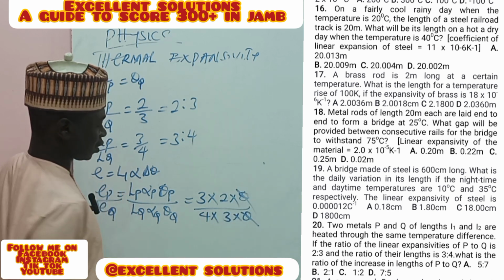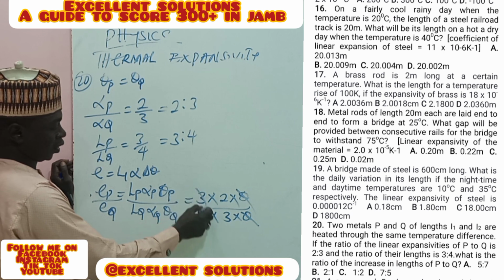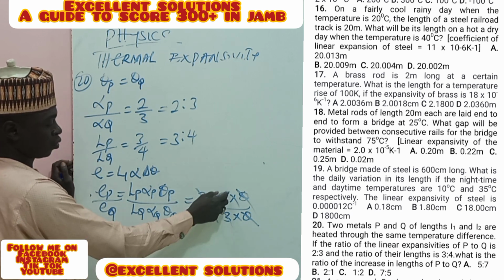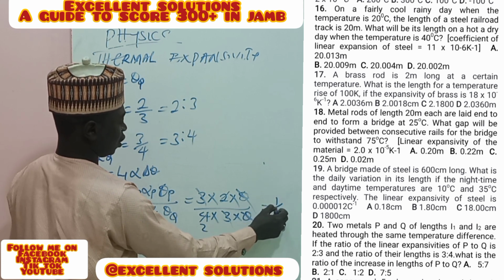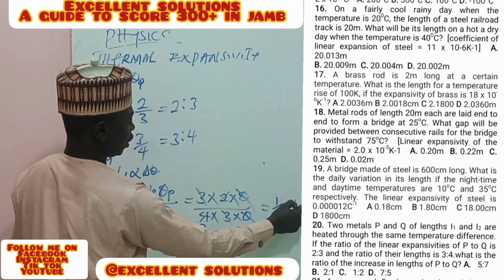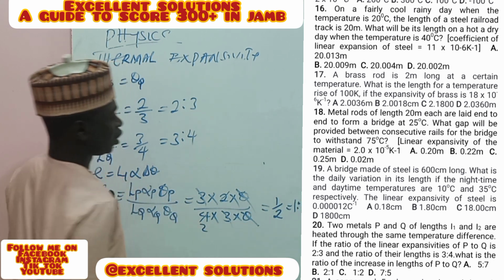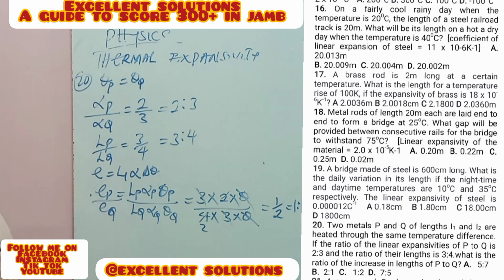So temperature cancels temperature, 3 cancels 3, 2 over 4 is 1 over 2. We now have it to be equal to 1/2, which is the same as 1:2. If we look at our options, in option C we have 1:2. The answer is C.